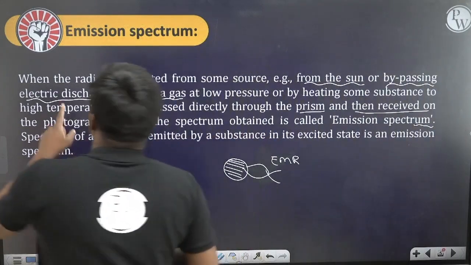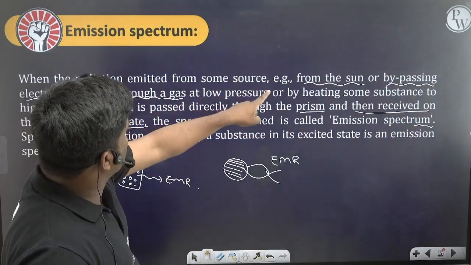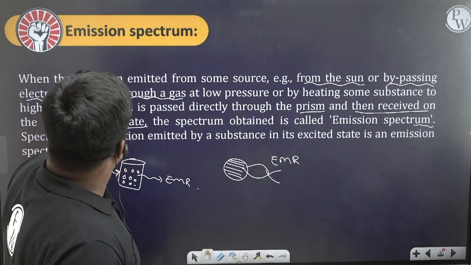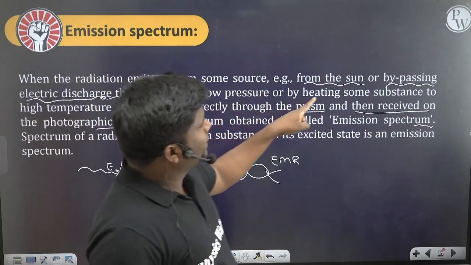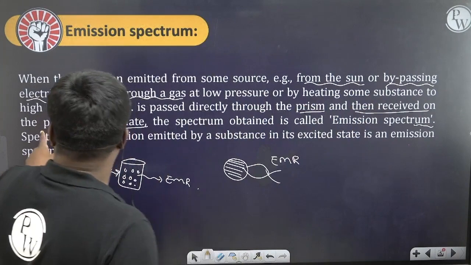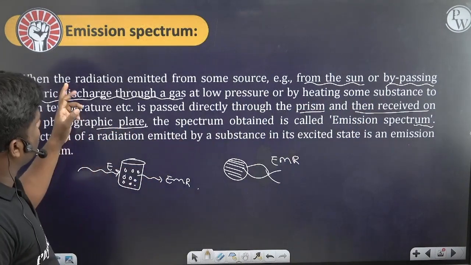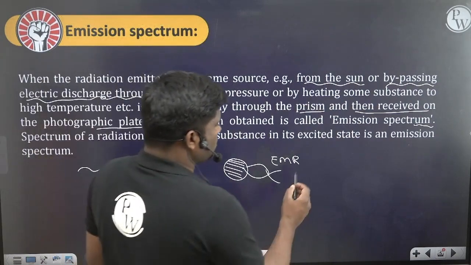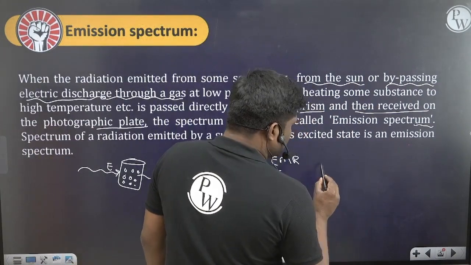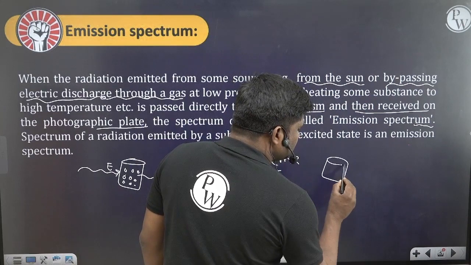See, when the radiation emitted from this source is passed directly through the prism, and then received on the photographic plate, it is called what? Emission spectrum. It means, so we have heated one gas here.